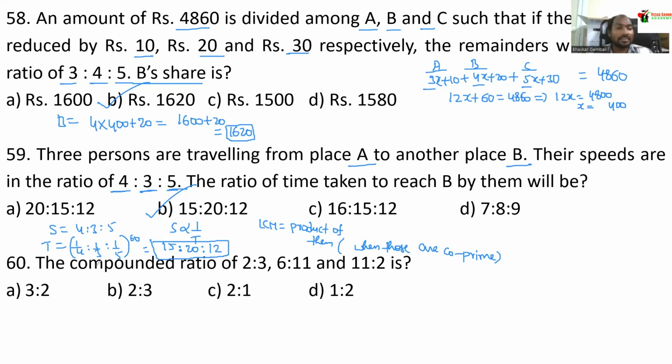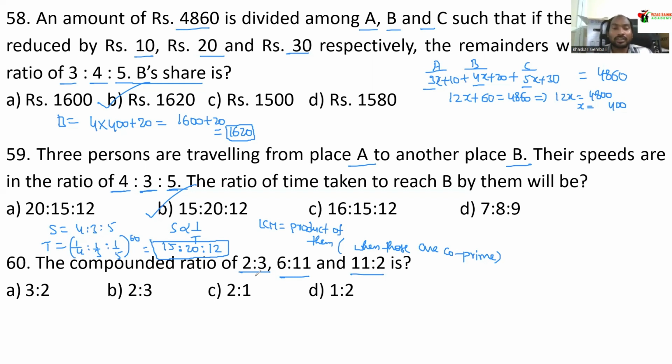So the last question, guys, in ratio and proportion, because we completed almost all kinds of models. And the last one, compound ratio. The compound ratio of 2:3, 6:11, and 11:2. Compounding is nothing but the product of the first numbers to the product of the second numbers.